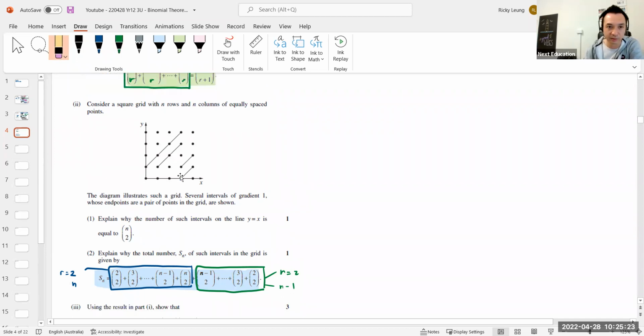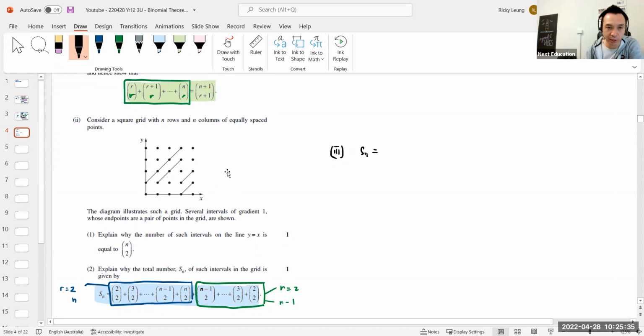So for part 3, I say to myself, Sn equals 2 parts, blue and green. For the blue, I'm going to use this formula and this side, by subbing in R is 2 and n is n. So n plus 1 choose 2 plus 1. Plus, that's the blue.